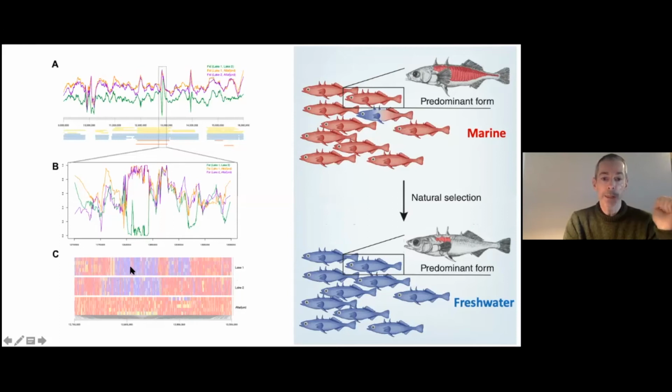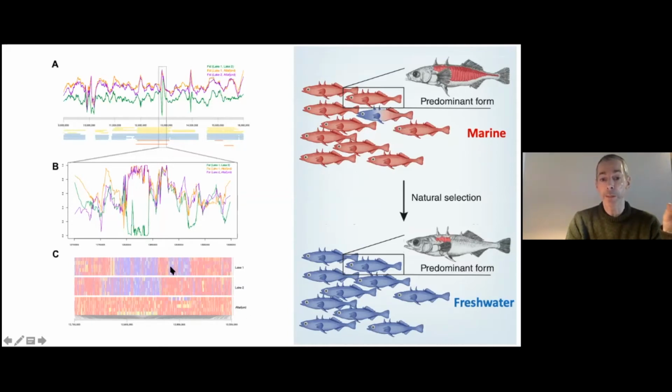And here you can see Lake 1 and Lake 2, and you can see that core haplotype that we could see as blue on the genotype matrix earlier. But we can see that this core haplotype has risen to high frequency with different genetic backgrounds in Lake 1 and Lake 2.